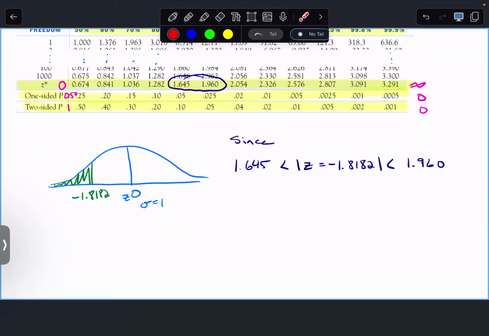Okay, so what does this look like? Negatives are weird, but it means that Z is somewhere between negative 1.645 and negative 1.96. Read those backwards, right? But this looks like this. So I might have negative 1.645 and somewhere between negative 1.960.